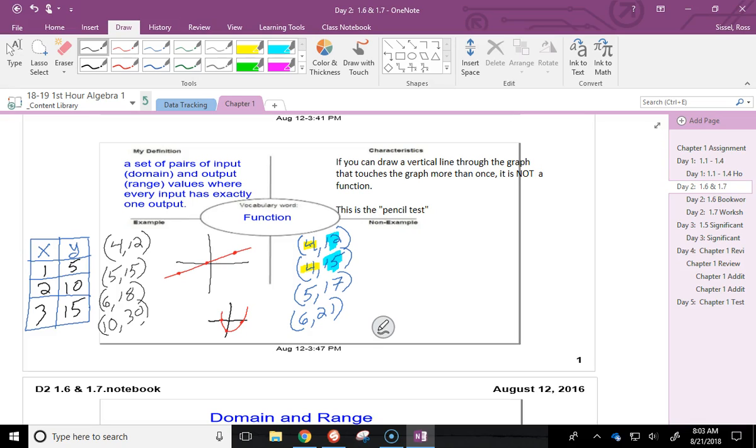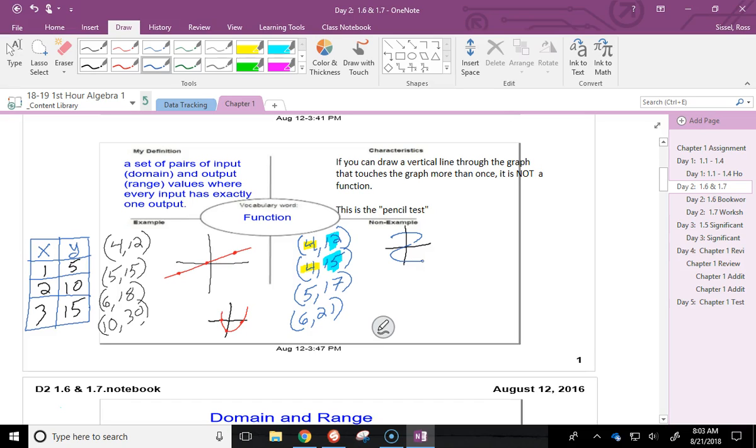But let's look at drawing a graph. Make my grid. Use this blue. Easy one would be something like this.